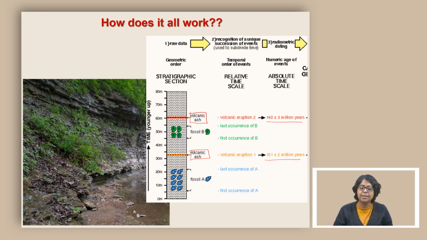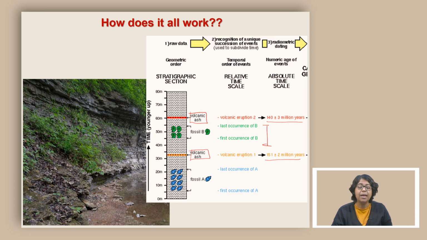What does it tell us? It tells us that we can say something about the age of the fossil B. We can say that the age of the fossil B must be older than 140 plus minus 3 million years and must be younger than 151 plus minus 2 million years.